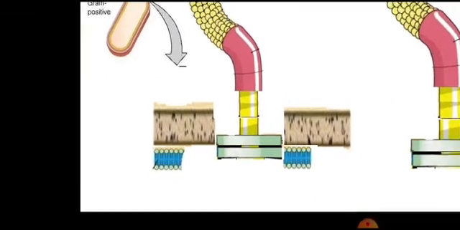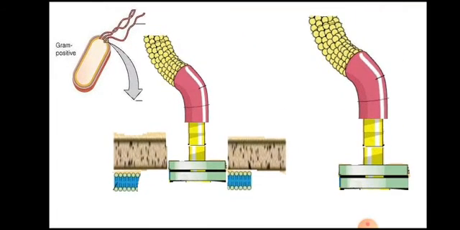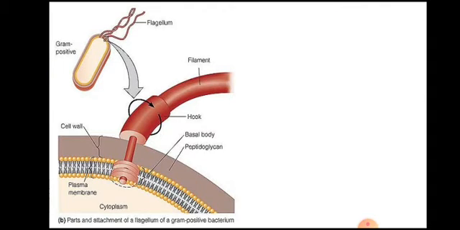So this is peptidoglycan, this is cell membrane, and this is the position where one ring is embedded in peptidoglycan and another one is bound to cell membrane. So this is the structure of flagellum in case of gram-positive bacterium.